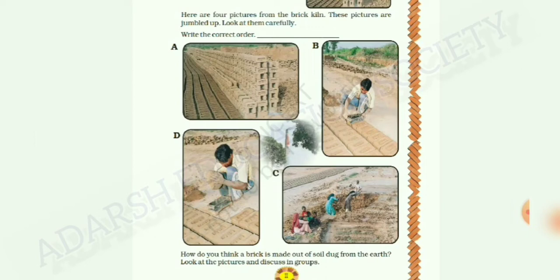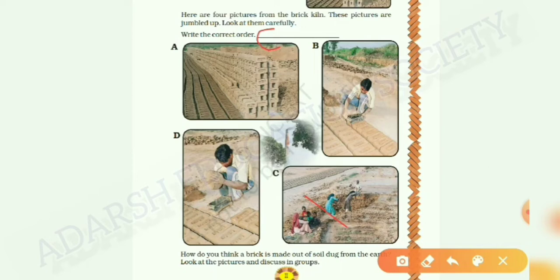Now you have to think which process is first in making a brick. We had already learned the process of how to make a brick, right children? So you have to think of the first process. Yes, first we have to dig the mud and mix the water. So here we have to write the answer, first process C, right?